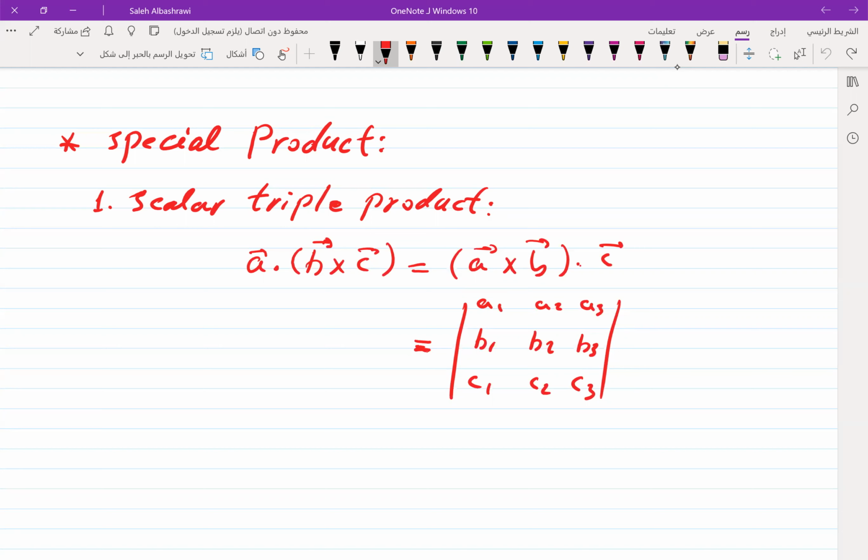The second type of special product is the vector triple product.